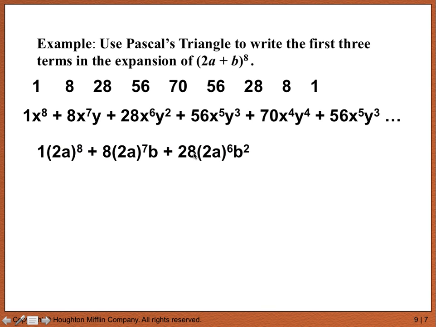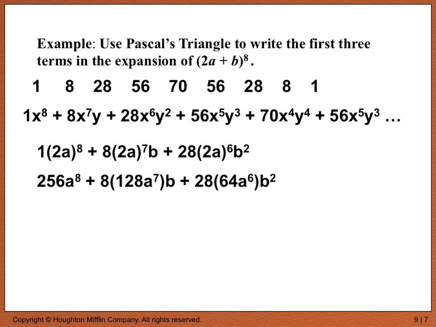And when you do that, because we are only looking for the first 3 terms, I replace x with 2a, x with 2a, x with 2a, and I replace the y here, which is to the 0 power, so we don't need to worry about it for the first term. But the y here I replace with b, and the y here I replace with b. And notice that I still have 1, 8, 28, which corresponds to the first 3 coefficients. And after this, it's really just calculation. And hopefully you were able to get this also on your own.